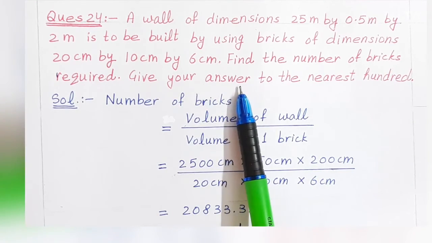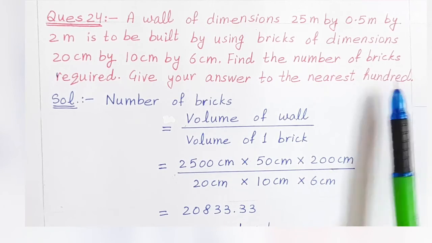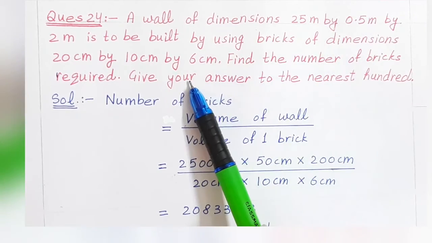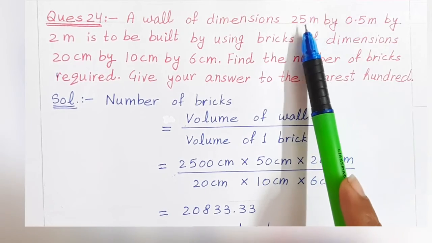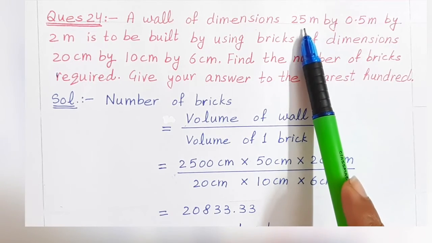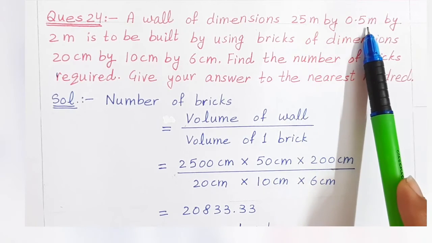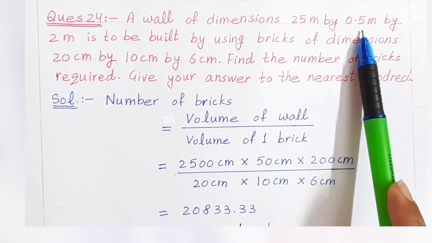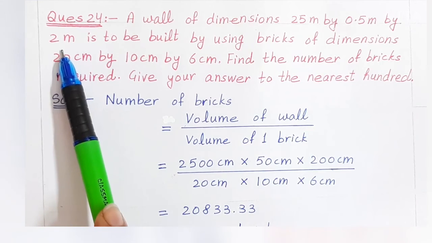Give your answer to the nearest 100. Now students, you can see that the dimensions are not the same. So we can convert the meter into centimeter. So 25 meter will become 2500 centimeter and 0.5 meter will become 50 centimeter. Similarly, 2 meter is 200 centimeter.